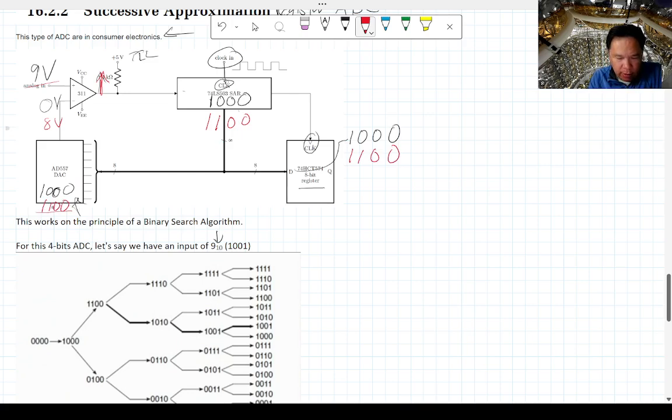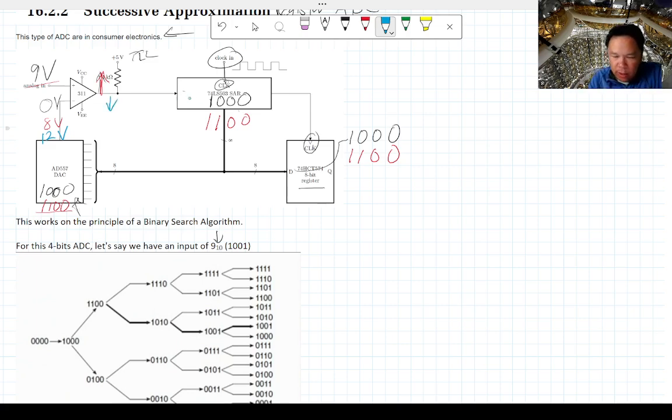Now this value, instead of being 8, the next time it goes around is 8 plus 4, that's going to be 12 volts. Now it's different, right? 9 volts is actually less than 12. Through this comparator, this is actually going to go low, or go to 0.